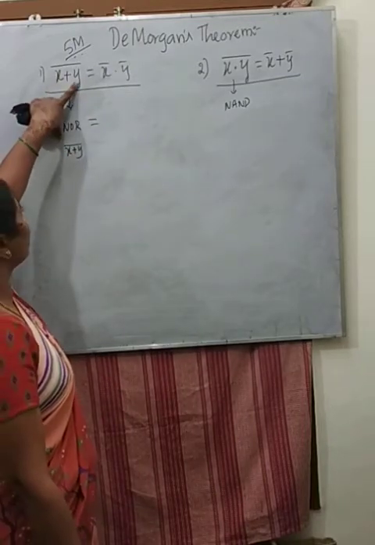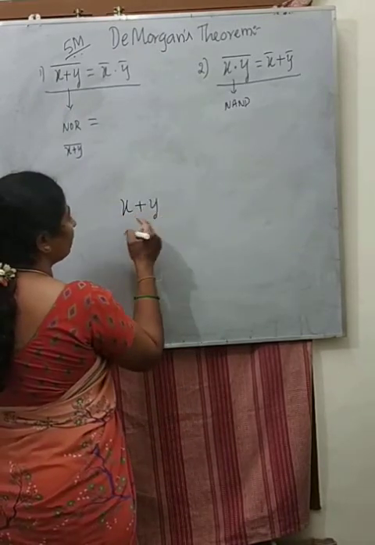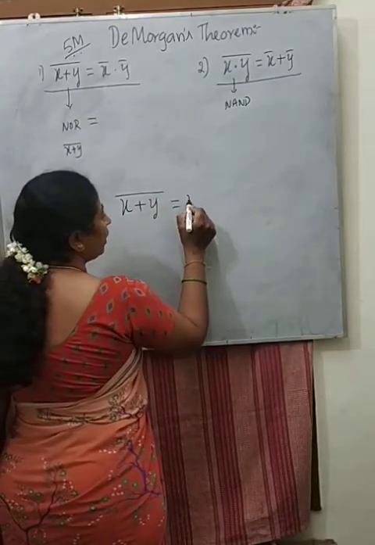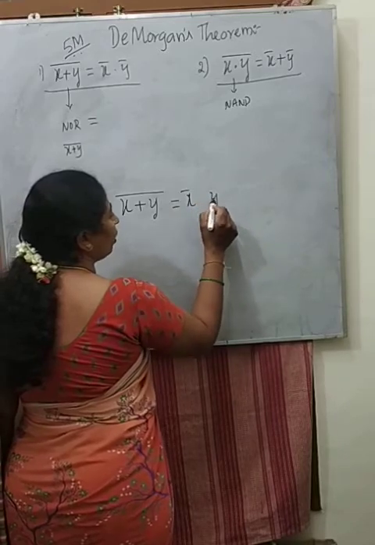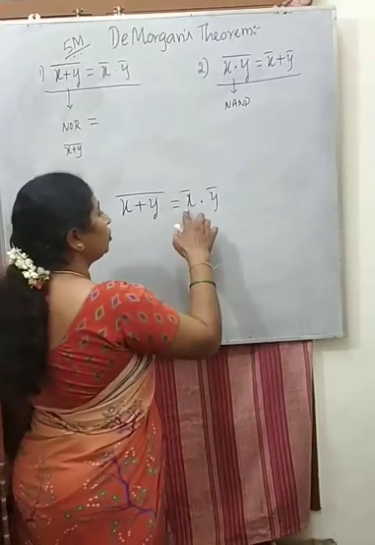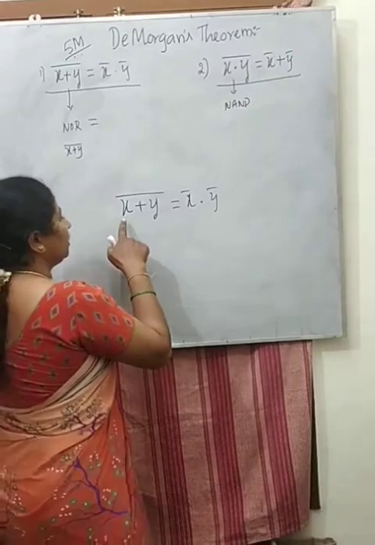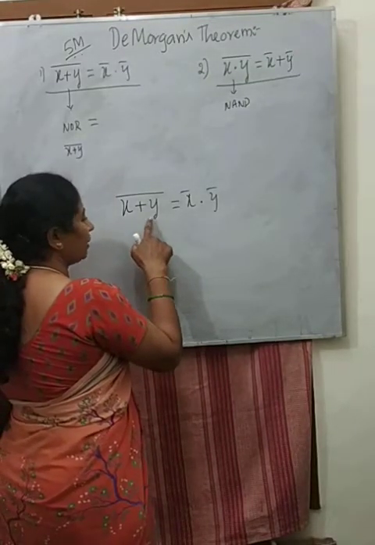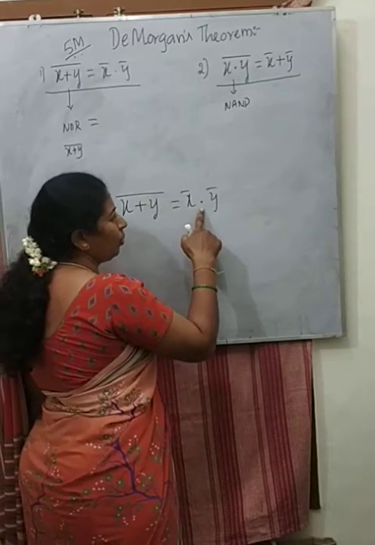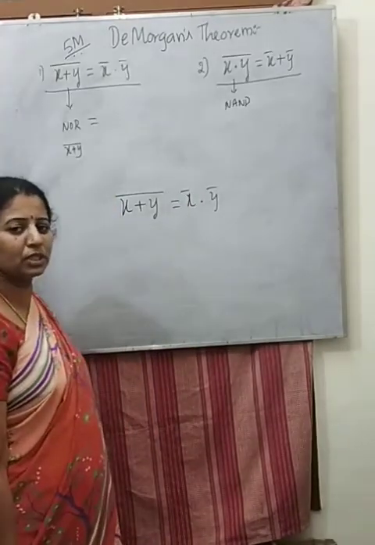How can we write the statement for this? The complement of the sum of 2 variables is equal to the product of the individual complements of the 2 variables. That is your first statement.